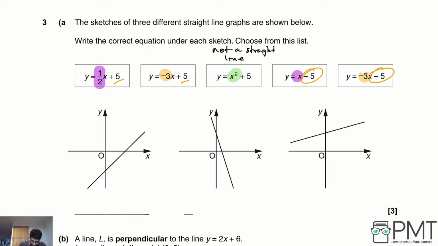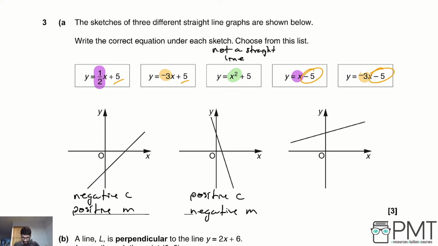So, let me write these down. Negative c, positive m. Here we want positive c, negative m because it's sloping down. And then finally, we have both of them positive. Positive c, positive m.